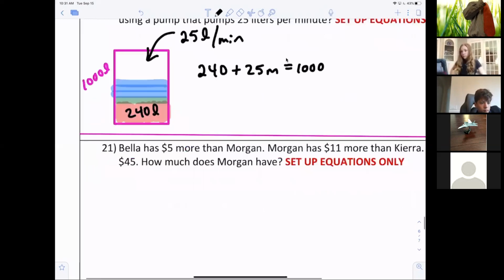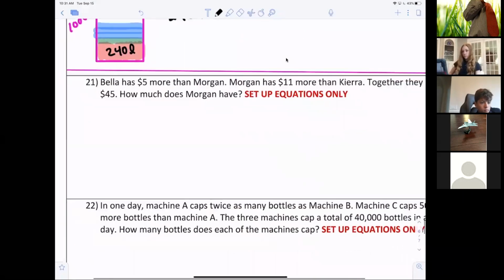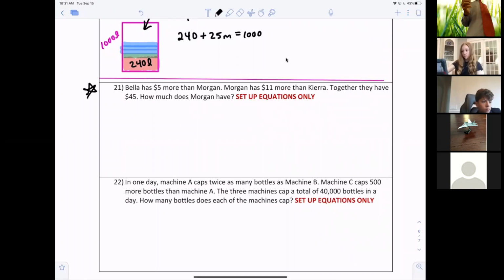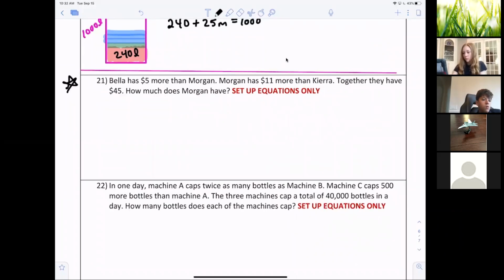All right, here we go. 21. Put a star by 21. This one's going to be on there too, something very similar. Everybody try to write the equation. I'll give you about 2 minutes.